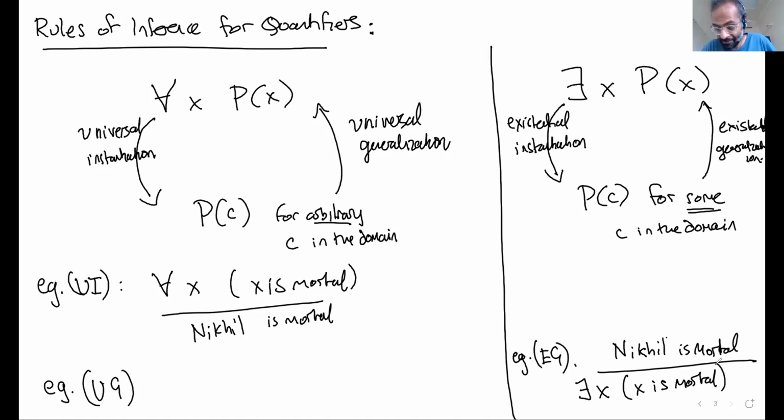Because Nikhil is a human. The implicit domain in all these examples is humans, right? Mortal means will die, and human means human being.